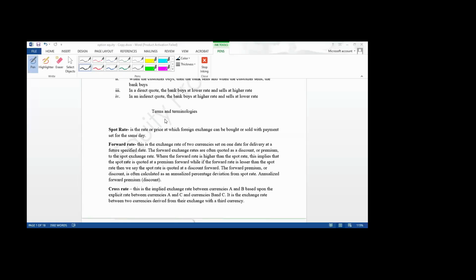The forward rates are usually quoted as a discount or as a premium to the spot exchange rates.